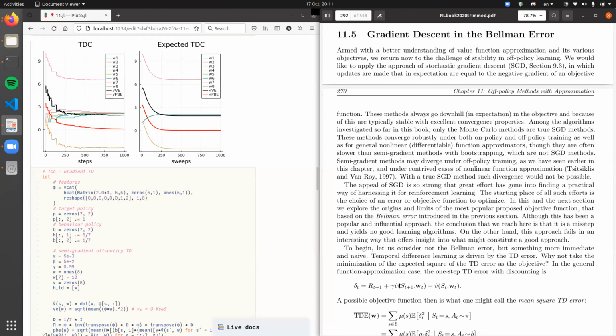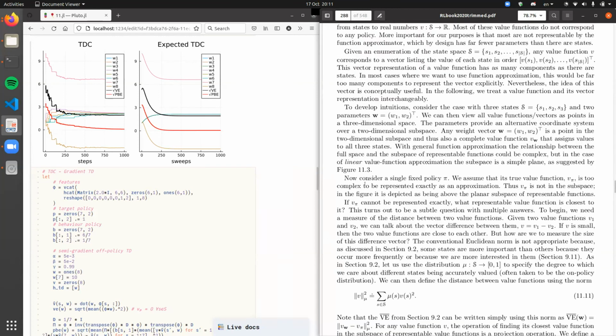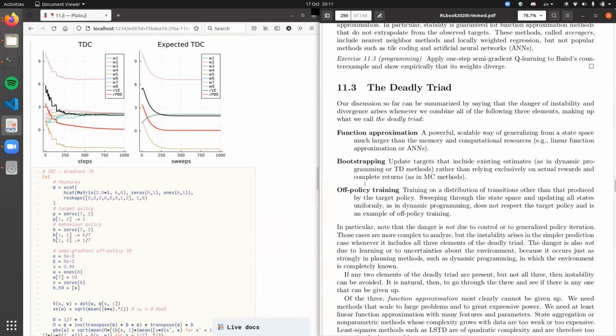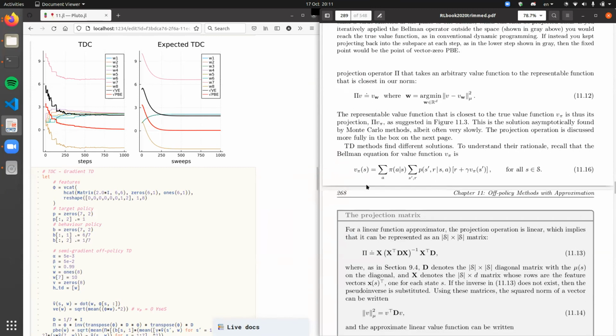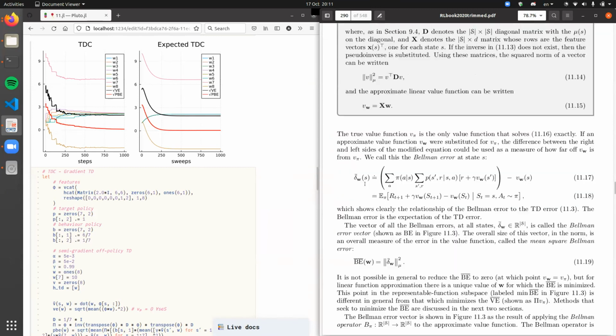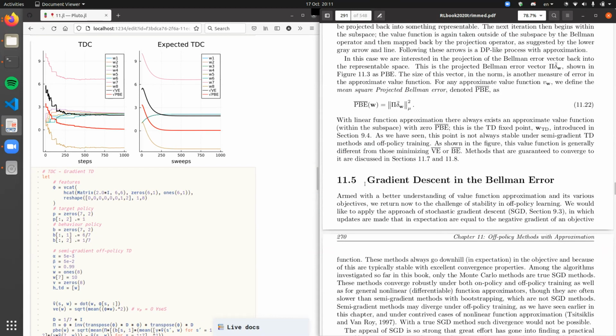And when we combine this with off-policy learning and function approximation, and the third component of the deadly triad, bootstrapping, this results in a potential divergence of the algorithm. Therefore, we might want to try to do a true gradient descent.